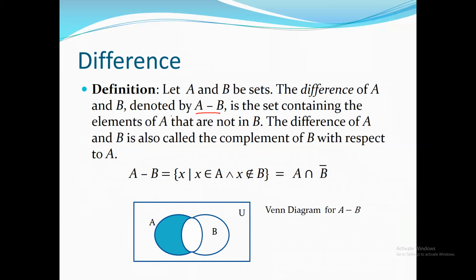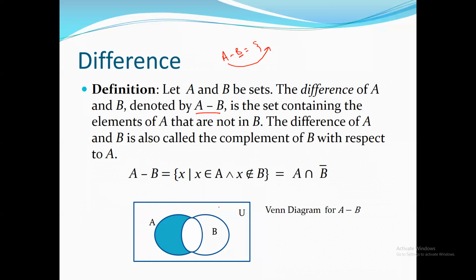The difference of A and B, denoted by A minus B, is the set containing the elements of A that are not in B. Basically, A minus B, or A difference B, means choosing all the elements from A, only those elements that are not present in B. That's the definition of the difference. The difference of A and B is also called the complement of B with respect to A.